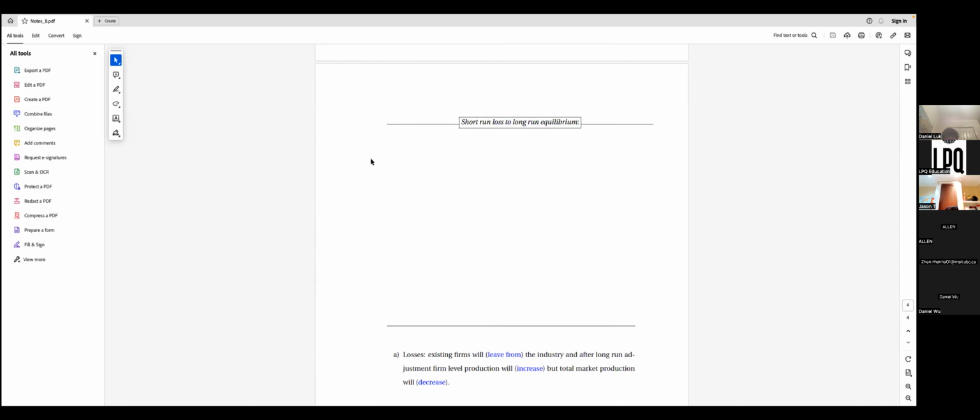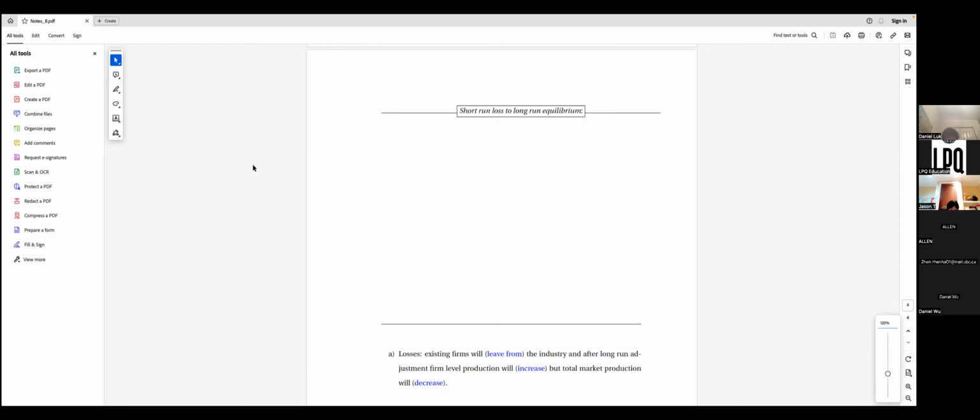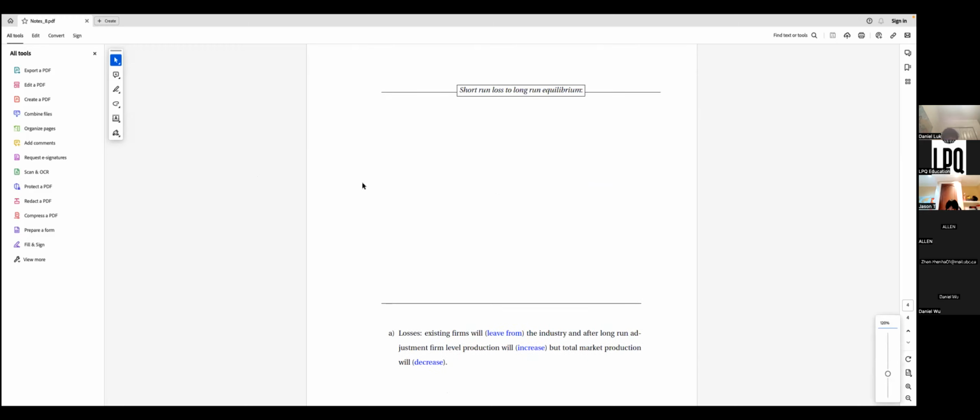So maybe let's do a model for Air Canada. Similar, but you just draw everything the opposite way.